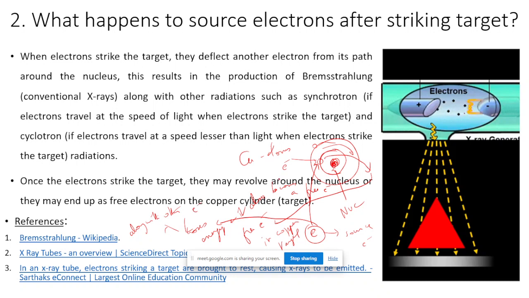So mostly it gets bound to the nucleus, or if there is too much excess energy, it just gets knocked out and becomes another free electron roaming in the target material. So this is kind of clear, right?